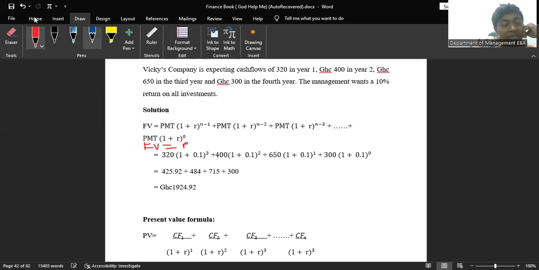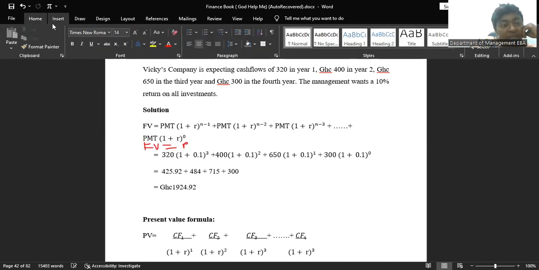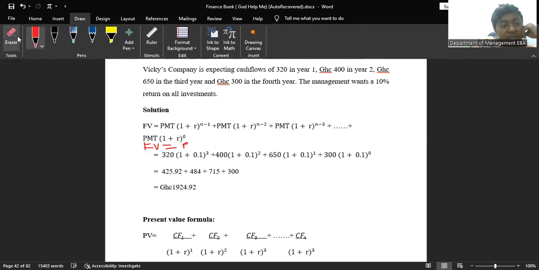Let me erase this and then write it in such a way that you relate to this. Okay, so let's do it. We want to get the future value of an unequal or uneven cash flow stream.